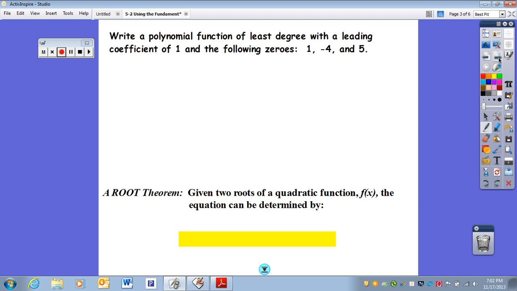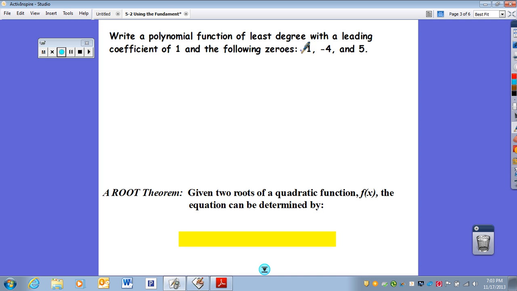So we are going to now reverse what we've been doing the last little while. We're actually now going to give you the zeros and ask you to write the polynomial function for those solutions. So here's what we do. We need to work in reverse.